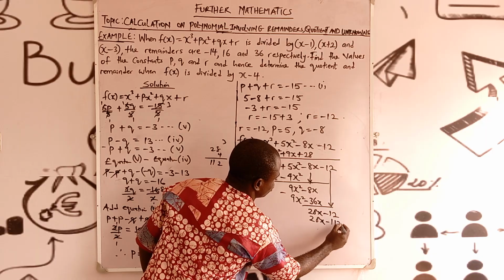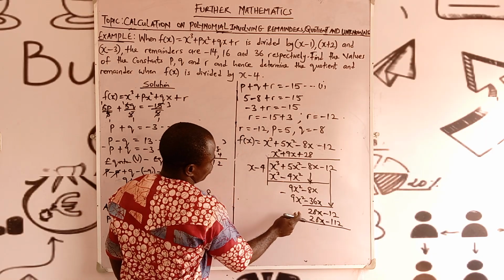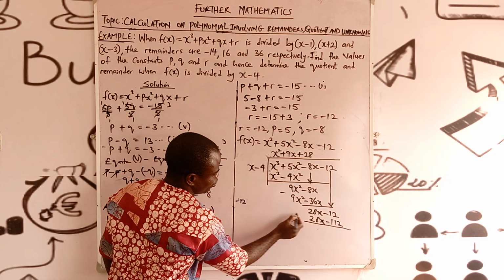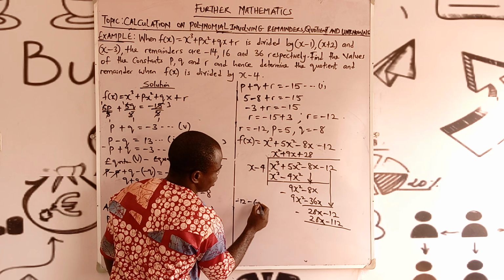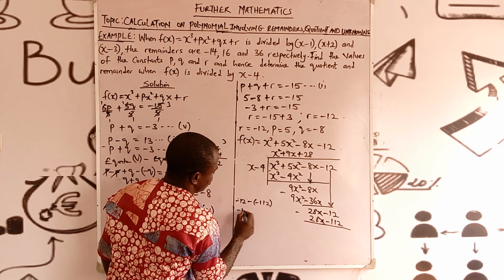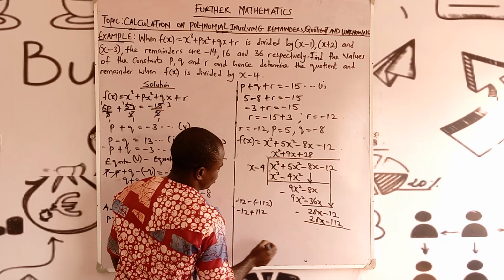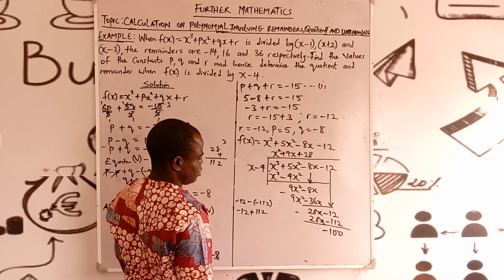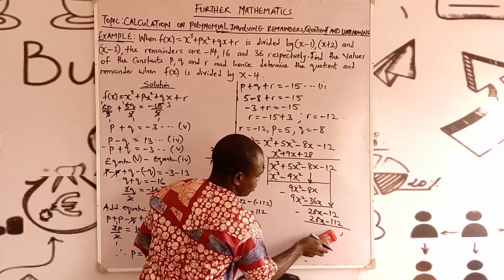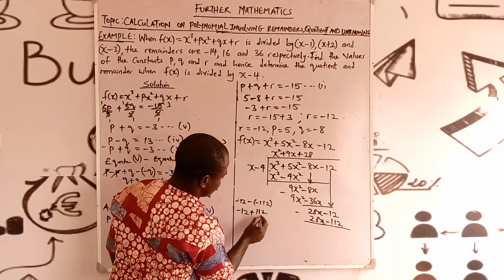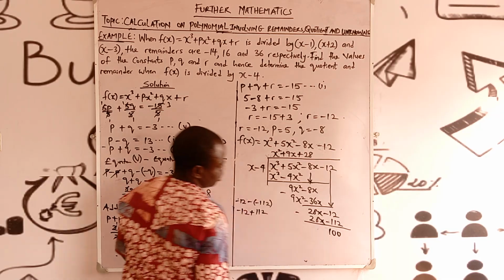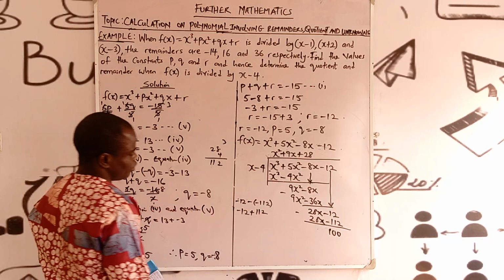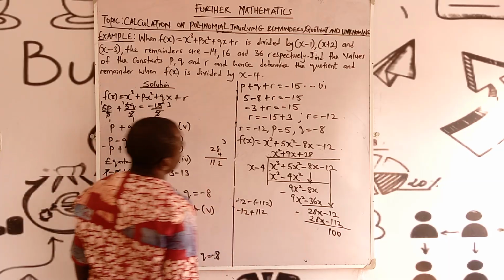Subtracting, 28x minus 28x is 0. Minus 12 minus minus 112 is minus 12 plus 112, that's 100. Now this remainder is 100.